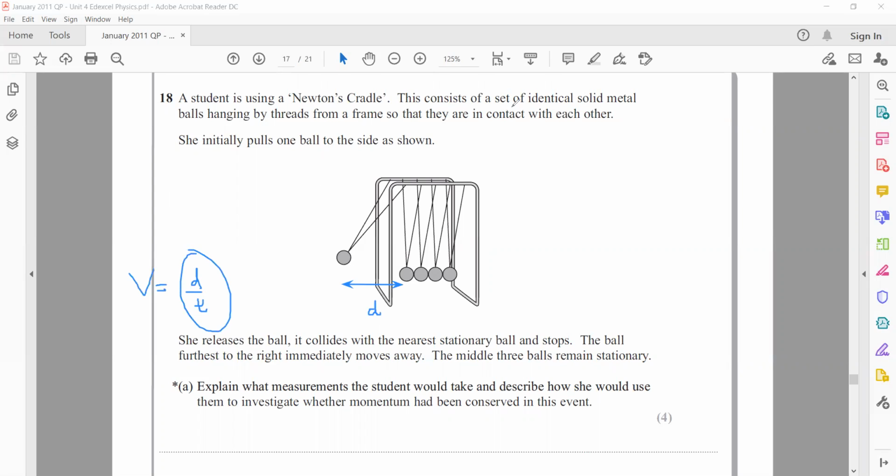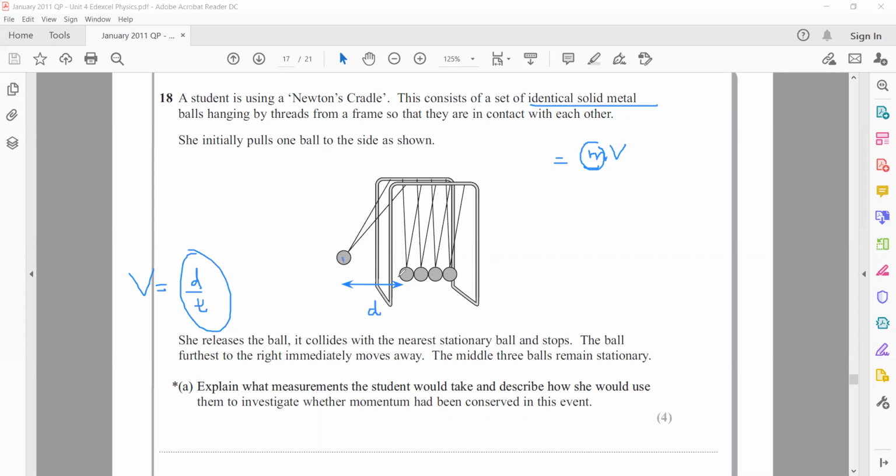Because this consists of a set of identical solid balls, we don't have to bother about the mass. If the velocities are conserved, it means momentum will also be conserved, because momentum is a product of mass and velocity. If we don't know the mass, that's okay, because I can find the velocity of ball 1.